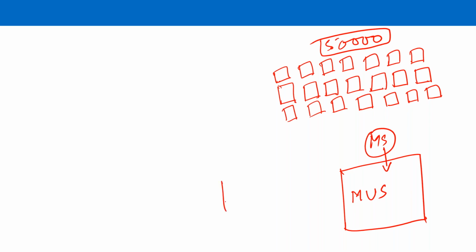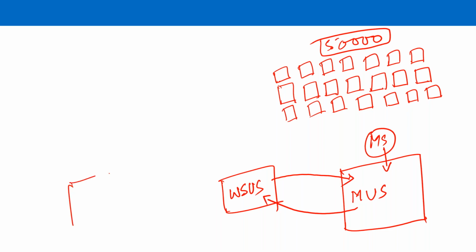Now what we do, we will install one role called WSUS. We will install one server, and that server will communicate with the Microsoft Update Server, and from here we will be integrating the updates into WSUS. Now, once WSUS receives the update from Microsoft, it is going to pass on the update to the SCCM server. How? You need to install the software update point for that.